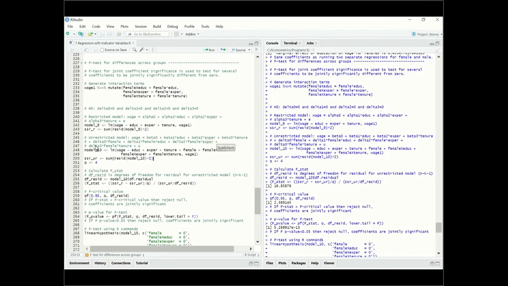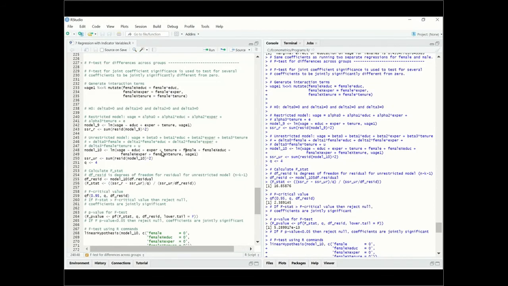Now, if we want to estimate a restricted model where we're saying that men and women have exactly the same effect on wages, there are no significant differences across the groups, what that means is that we would be estimating this model here, where you see that there's no female variable, so this variable is not included.